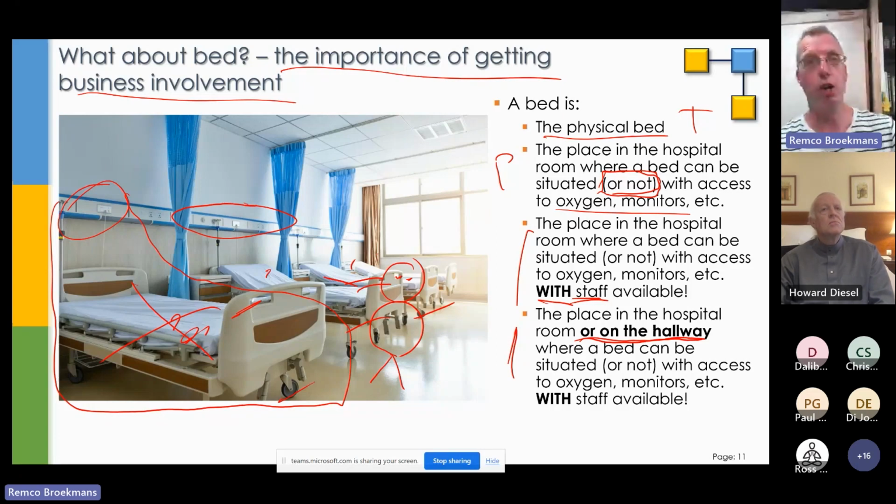I was lying at the window side. When you rolled out, this place was still called a bed. There was no physical bed anymore, but it was still a bed with full occupants. Why? Because it was the place I needed to be brought back to when I was coming out of surgery.